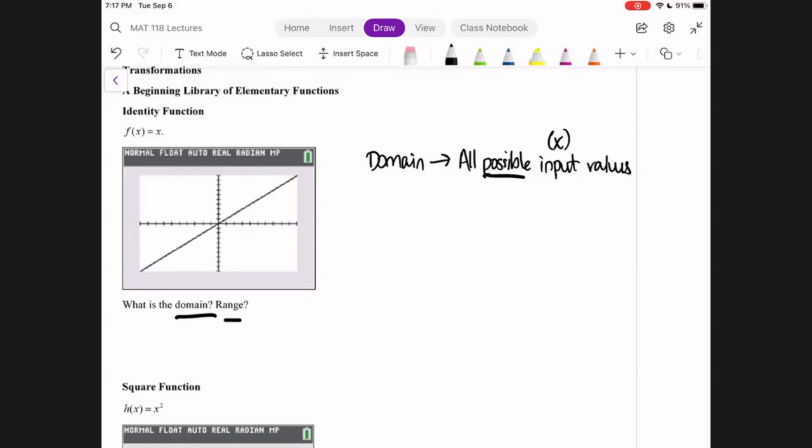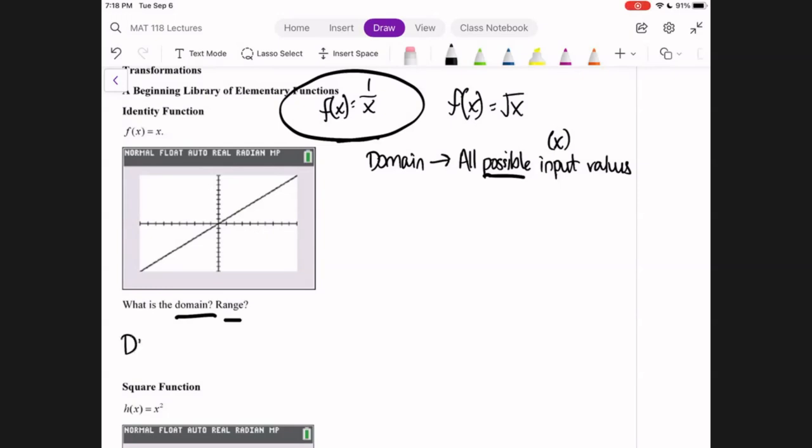Like for instance, if we looked at 1 over x as a function, I can't divide by 0. So in this case, for this particular function here, my domain would be I can plug in any number except for 0. Okay. Some of the other ones that are kind of restrictive at the beginning, we'll talk about if you had a square root function, that's a little bit restrictive. Okay. So just think domain, all possible input values.